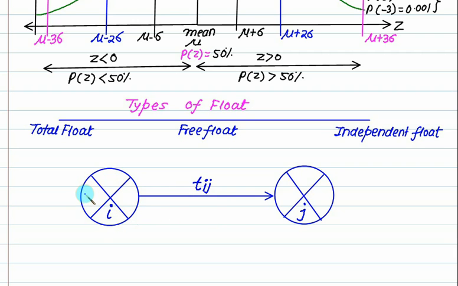This time is called the earliest start time. This one is also called the earliest start time for the j activity, and this one is the earliest start time for the ith activity. This one is called the latest finish time for the jth activity, and this one is the latest finish time for the ith activity.